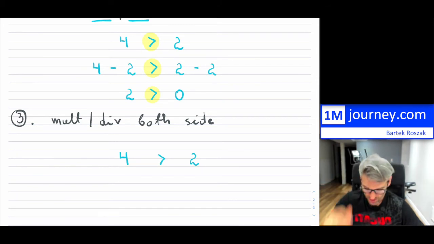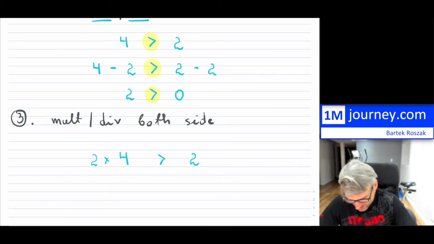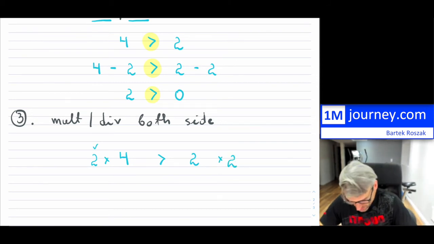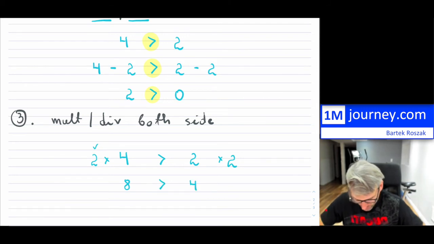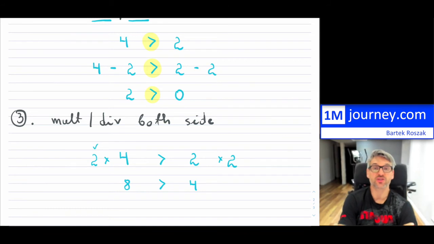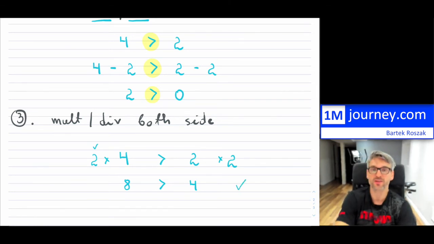Let's say I multiplied by 2. I have to do that to both sides, so this would turn into an 8, and this would turn into a 4. So your inequality would just simply get scaled, but 8 is still greater than 4. So that's not a problem at all.